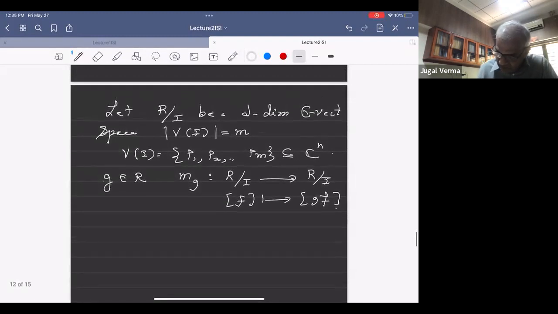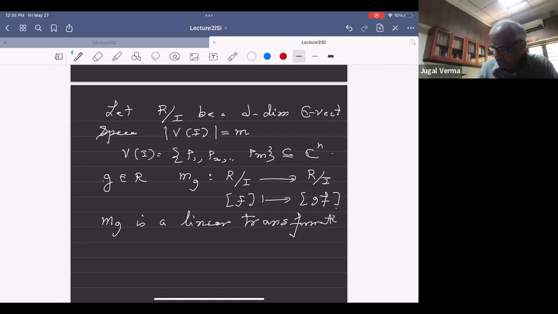This Mg is a linear transformation. This is easy to verify.